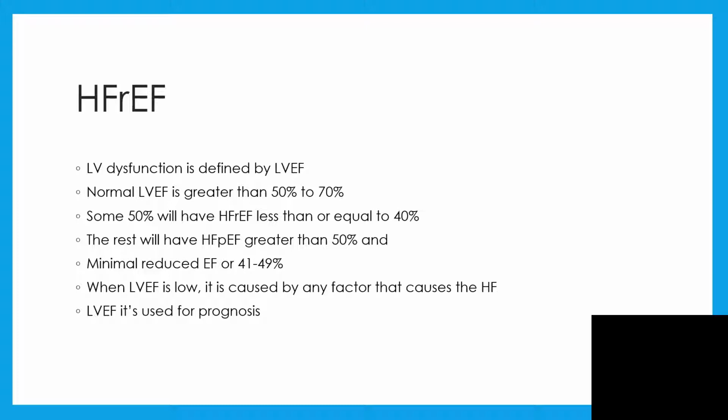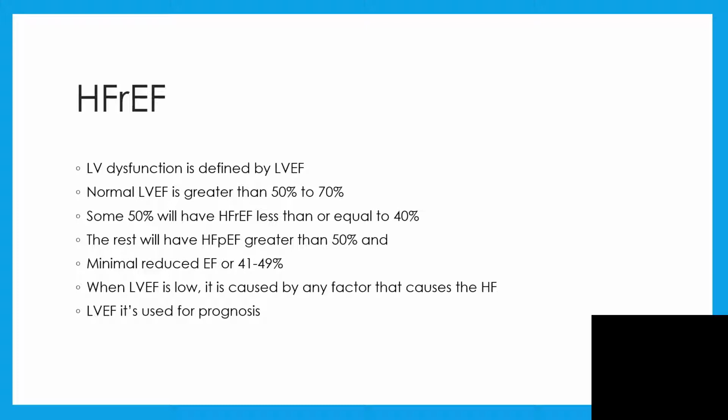Some with heart failure will have a value less than 40%, which we call heart failure with reduced ejection fraction. The rest have what we call heart failure with preserved ejection fraction, which is greater than 50% left ventricular ejection fraction. I hope you are not being bored by this ejection fraction that I've been repeating.